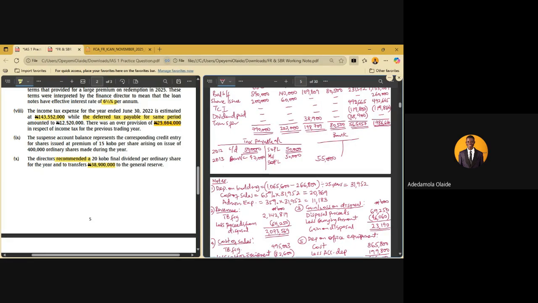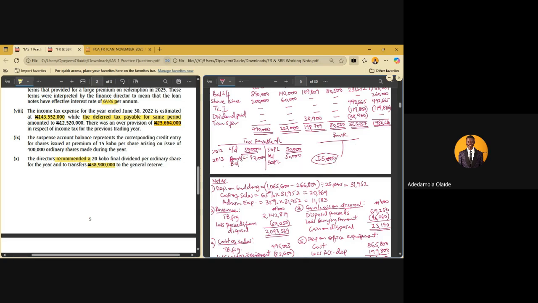Instead of providing 55,000, because we know we have already over provided in the previous year, we say 55,000 is what we are supposed to have as a liability at the end of the year.